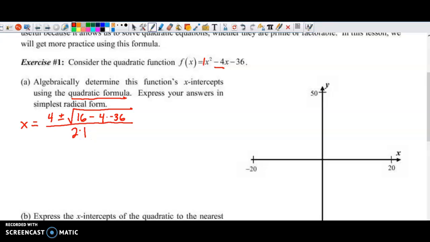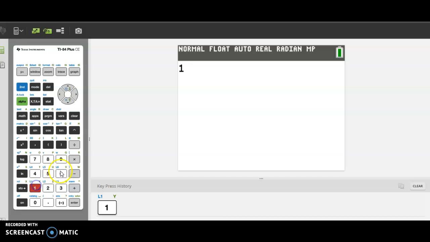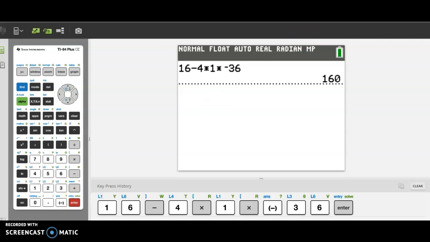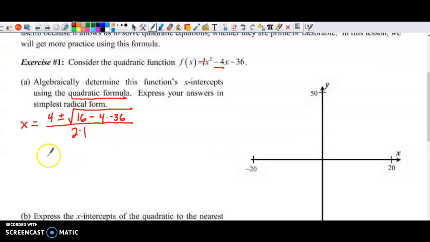As a heads up, if you're allowed to use a calculator, do everything under the radical first: 16 minus 4 times 1 times negative 36 gives you 160.